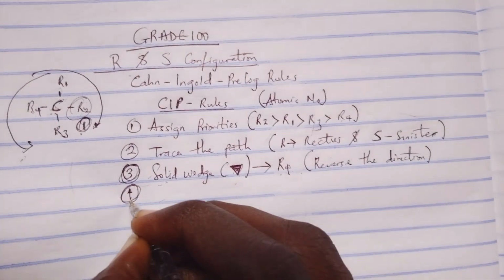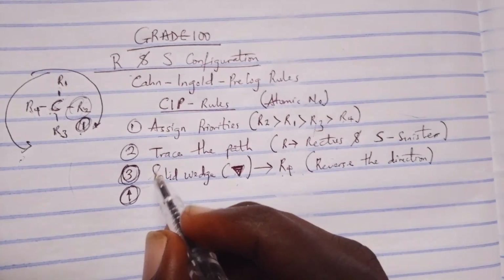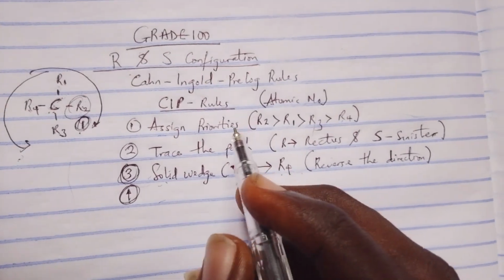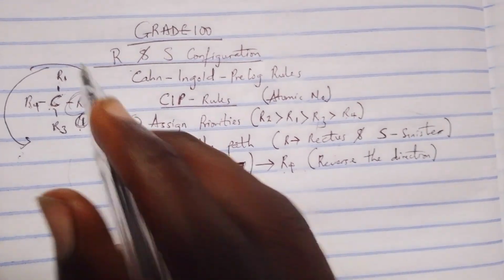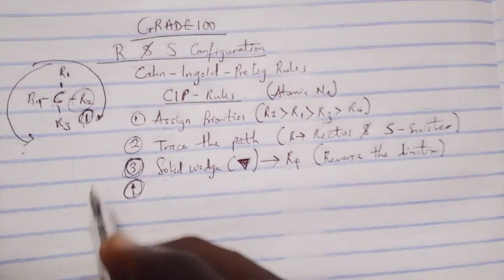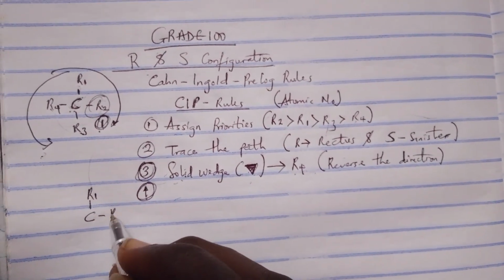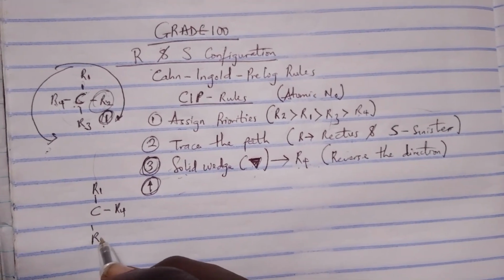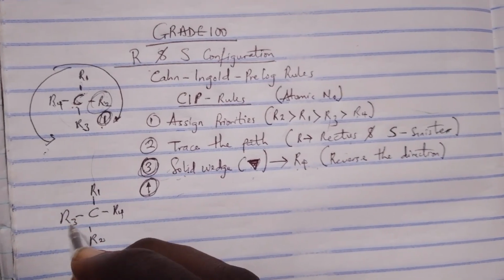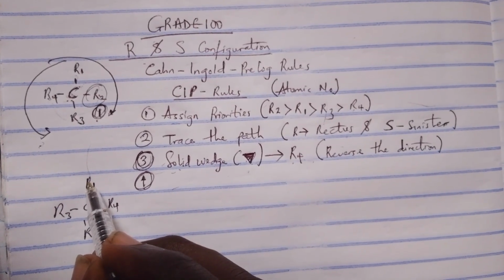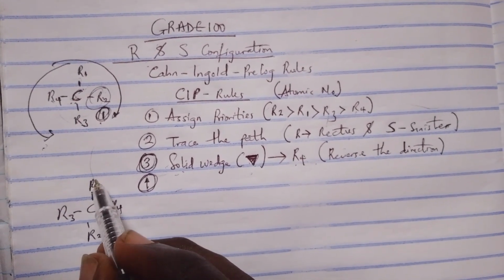Now, another hint we have to know is that whenever you see something and you trace it, you've given them their priority. Let's say you have carbon attached to R1, then R4, R2, then R3. Let's say R1 is the one with the highest atomic number, hence the highest priority.